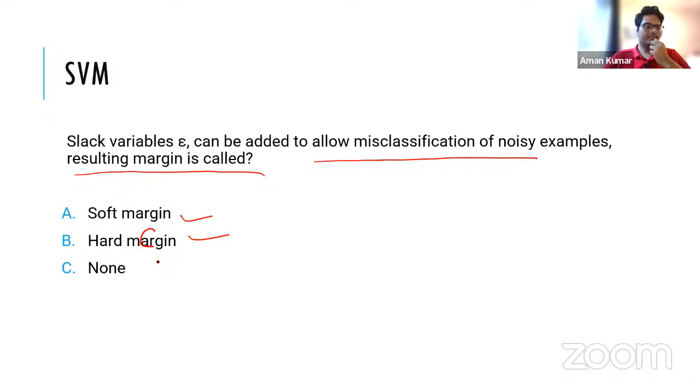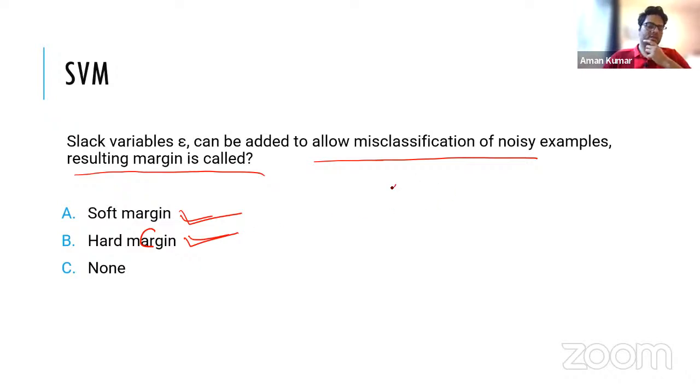Somebody is saying hard margin, somebody saying soft margin. Rafi is saying A, Abdul is saying B.